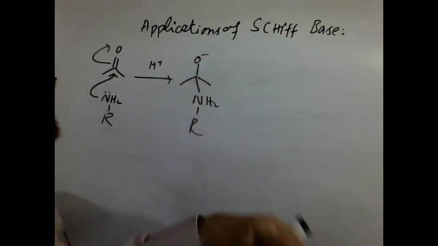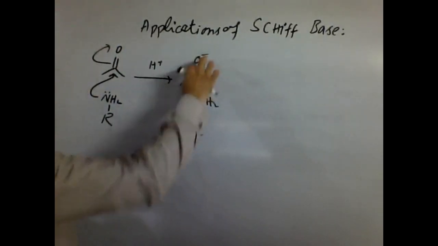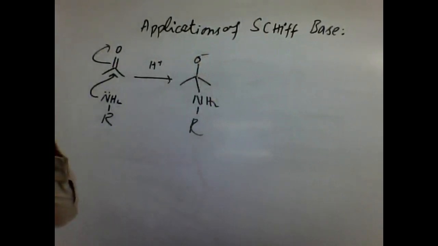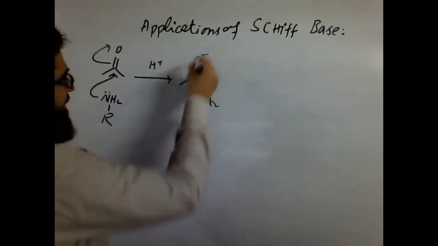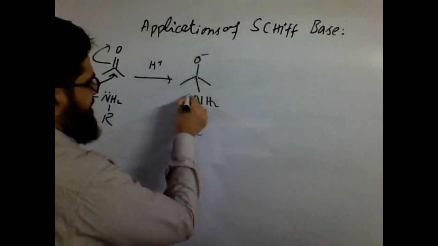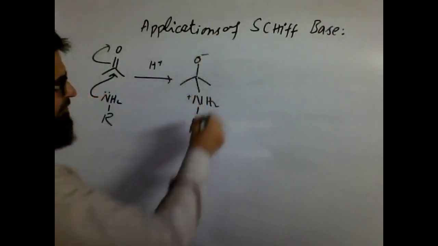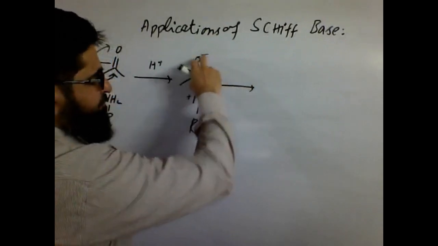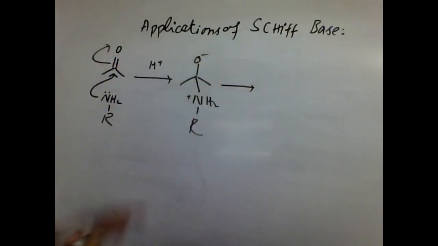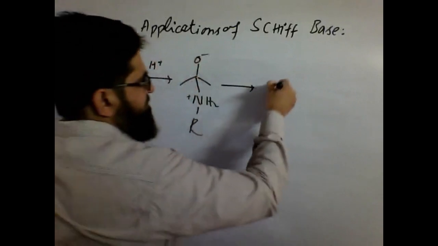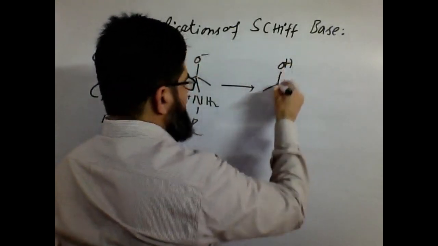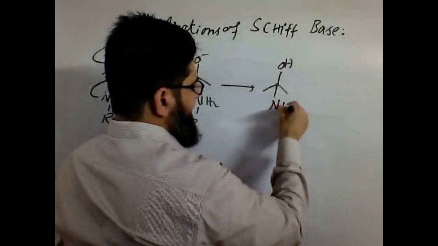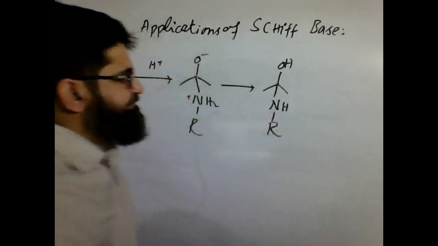Then in order to neutralize the negative charge on oxygen and positive charge on nitrogen, one of the protons is removed from here. The same proton can get positioned with the oxygen, or a proton from the oxygen can replace it, giving us the corresponding alcohol. So we will have NH and we will have R.